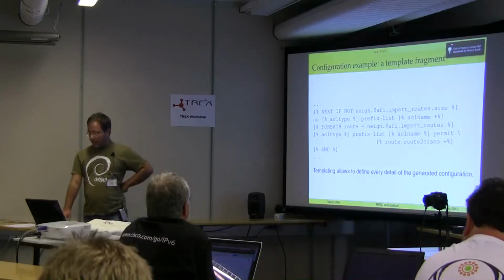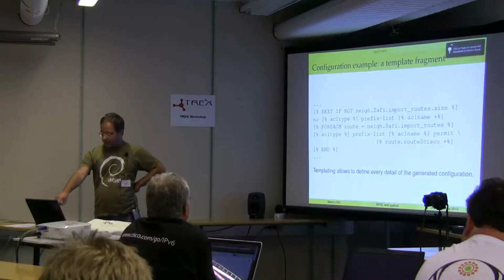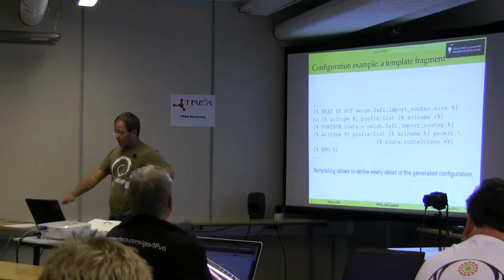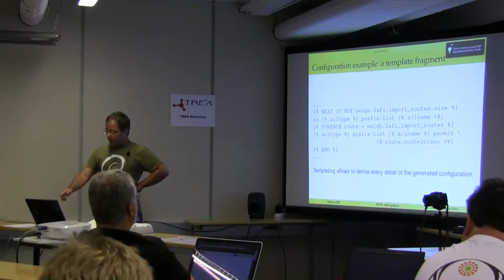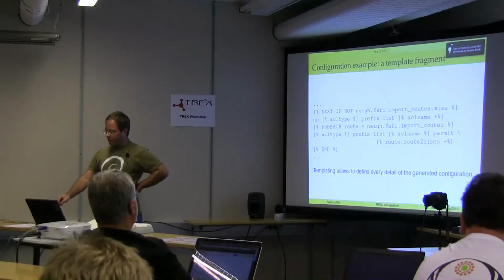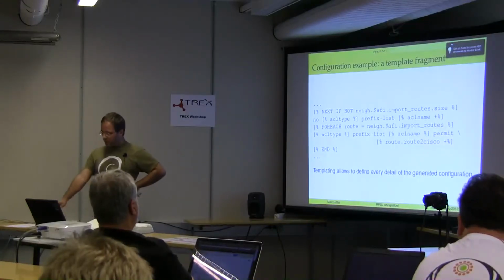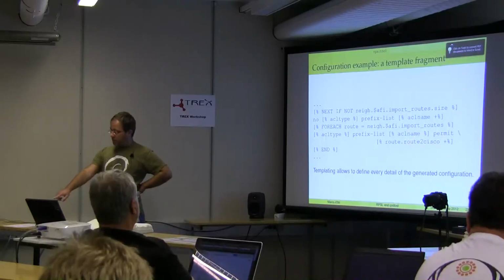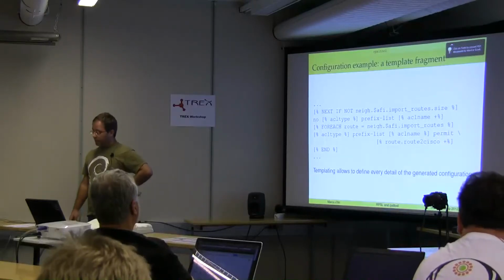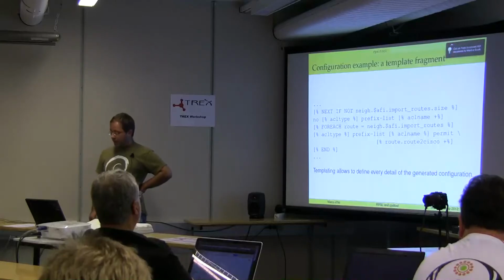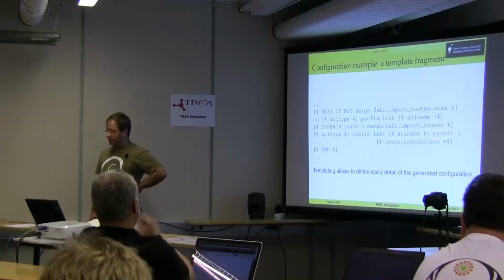You can see in the first line that there is this structure, neighbors, which contains the list of all neighbors, which has members for IPv4, IPv4 multicast, IPv6, and so on. Then there is an import routes method, which extracts the list of routes from RPSL, and size is a Template Toolkit keyword which returns the size of the list.